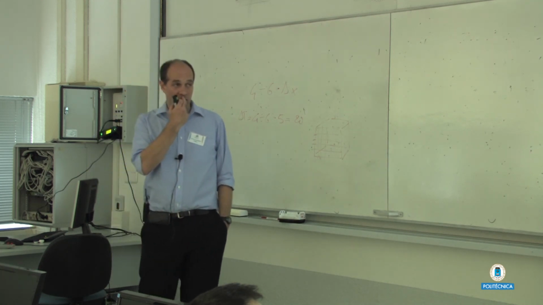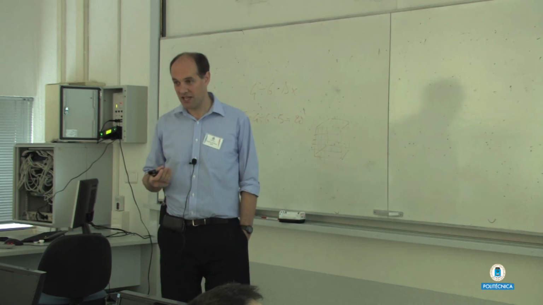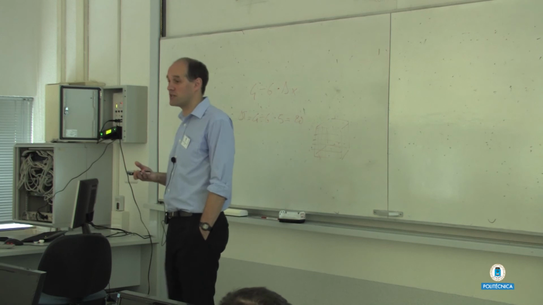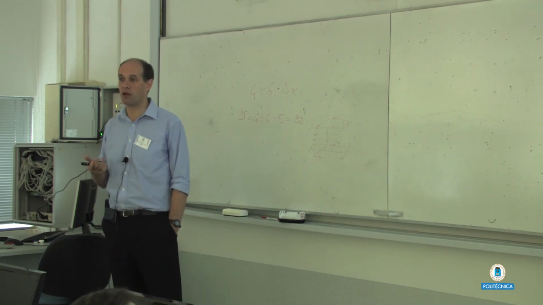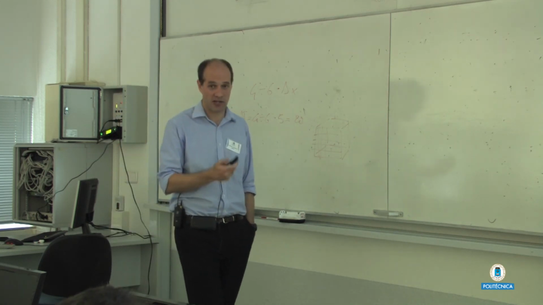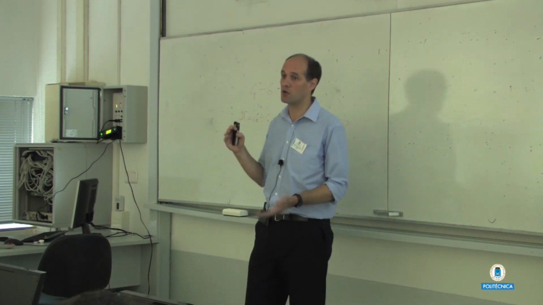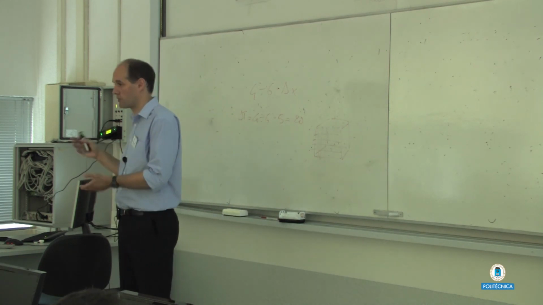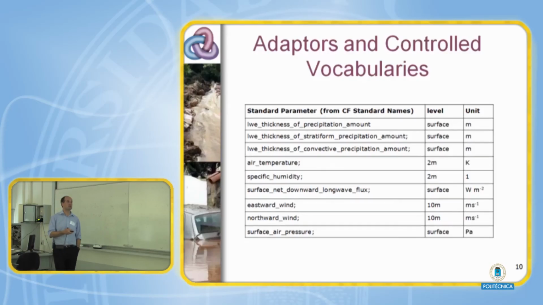Now, given that I have an interest in this, but it is not my everyday job, I do not need to know all of the details about all of the controlled vocabularies. I've seen the climate and forecasting controlled vocabulary, and it's vast. And I haven't got time to do a PhD in climate and forecasting controlled vocabularies. So what I need is a set of vocabularies. I think Bert went into this yesterday, a set of parameters which I can understand, which act as the interface from meteorology to me, if I'm somebody else.